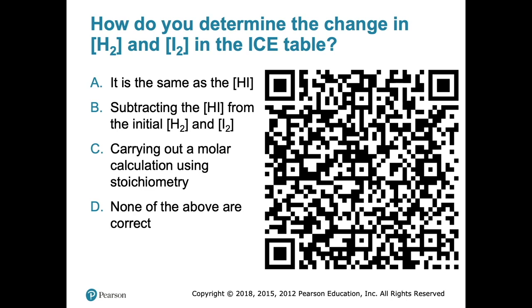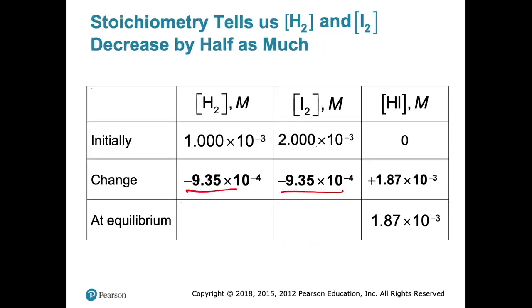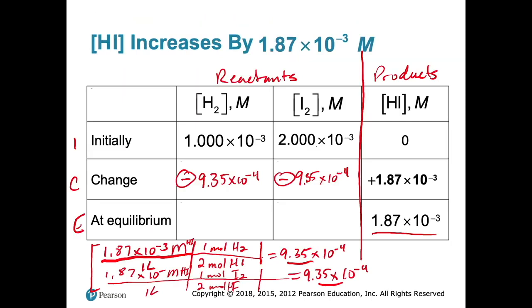All right, so here's the distribution. All 4 colors are present right now, but that's okay. The vast majority of you got that one correct. The answer is in fact C, because if you recall from the previous slide, to get the change in I2 and H2, you had to go through your molar calculation using stoichiometry to get those numbers.